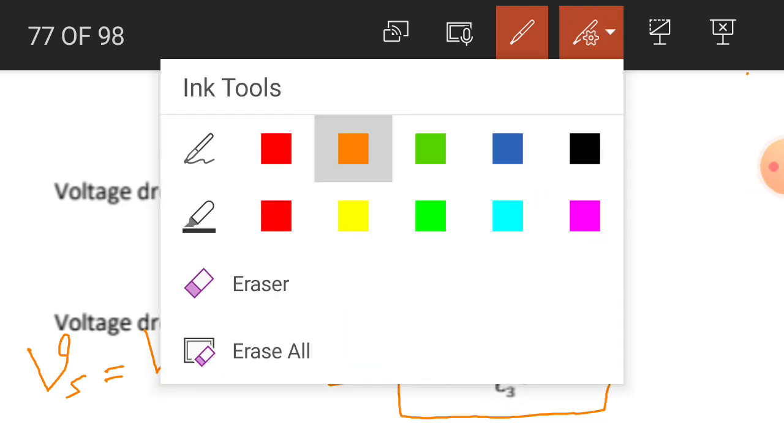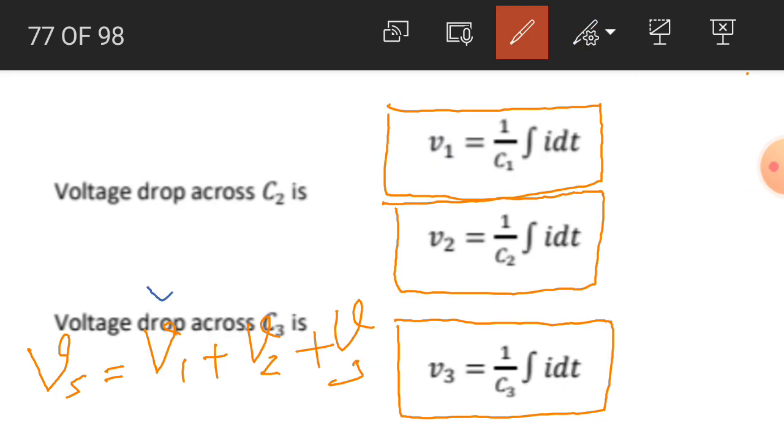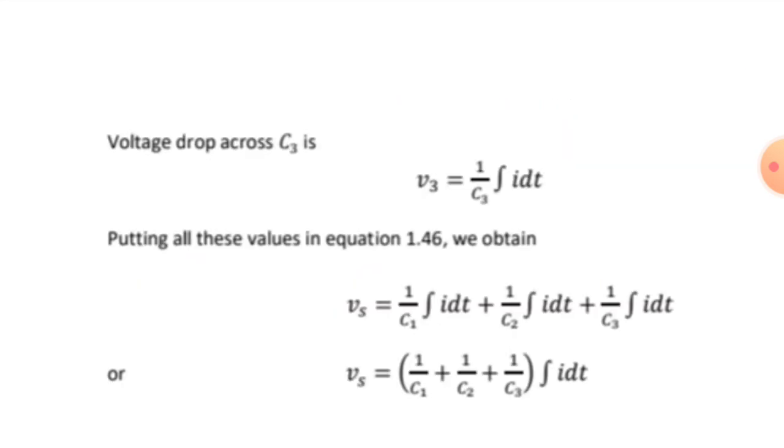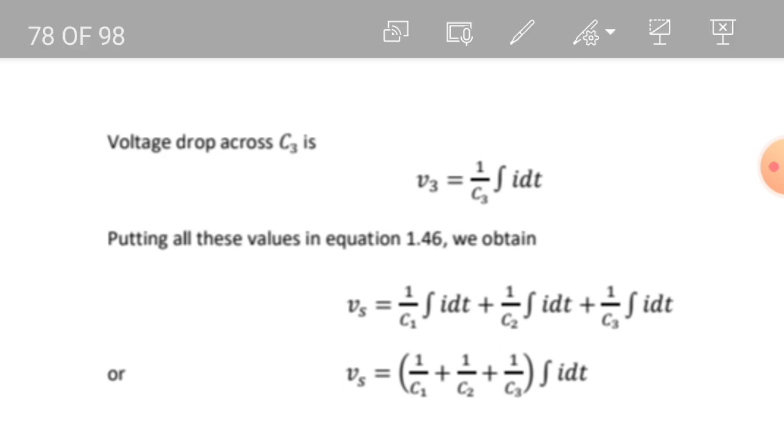So we put the values of V1, V2 and V3 in this equation, and we rearrange the right hand side of this particular equation.